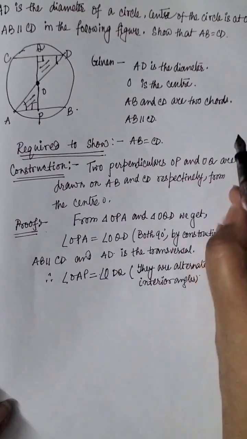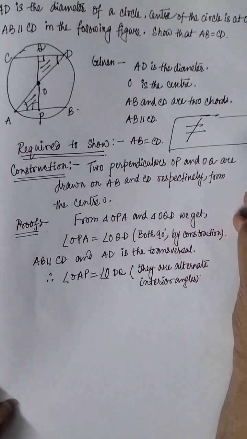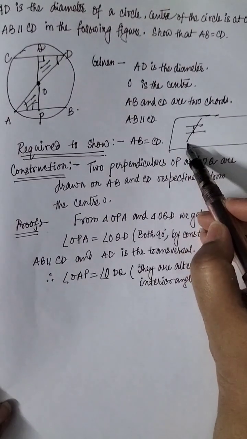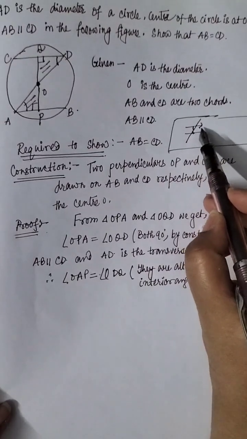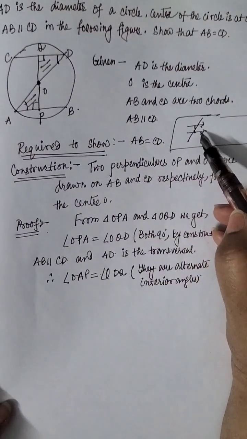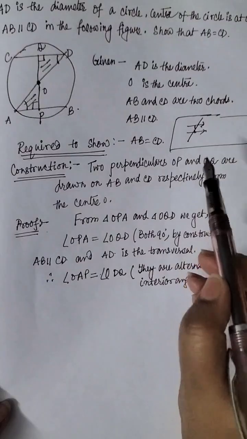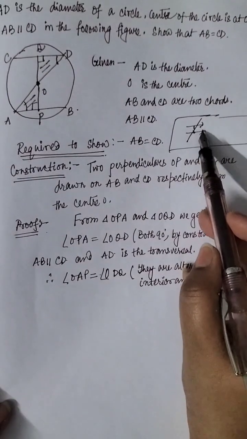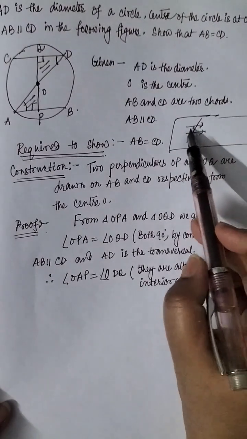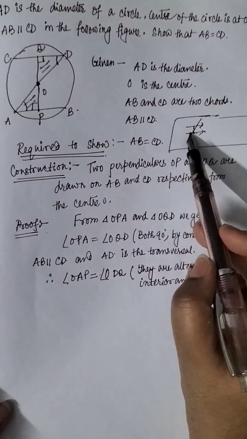Because we know that if two lines are parallel and a transversal cuts them at two distinct points, then the angles formed in the alternate position of the transversal are called alternate interior angles, and as the lines are parallel to each other, they will be equal.